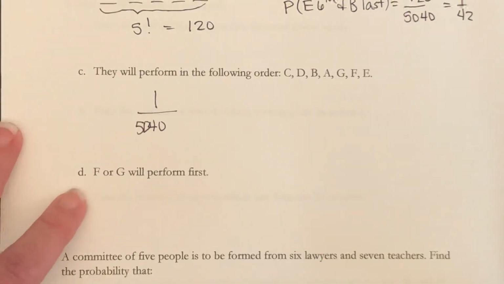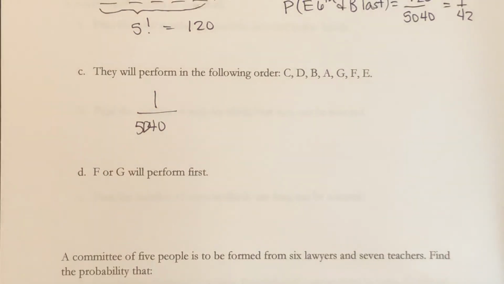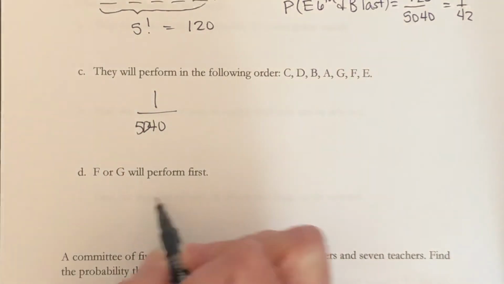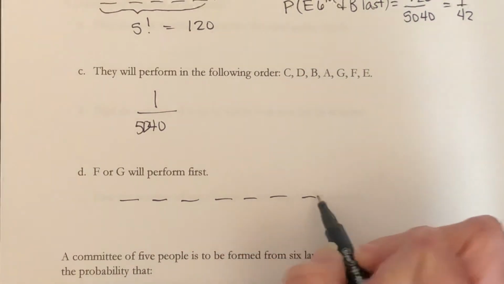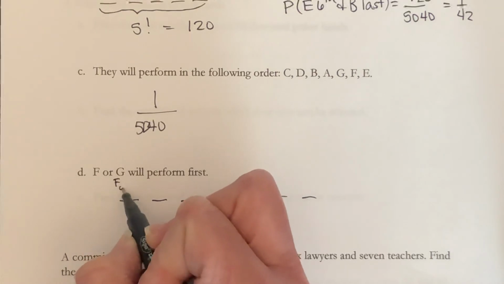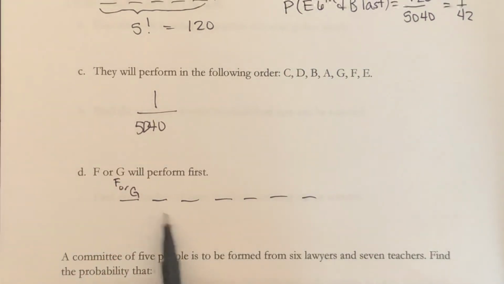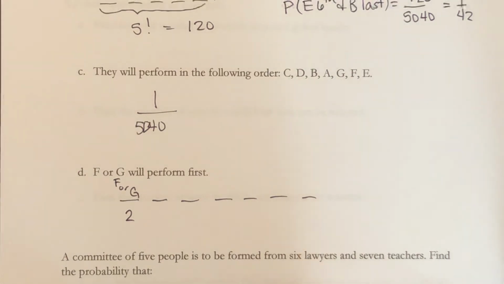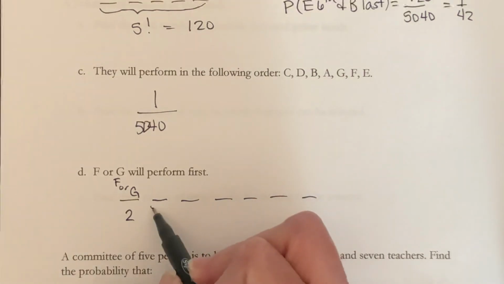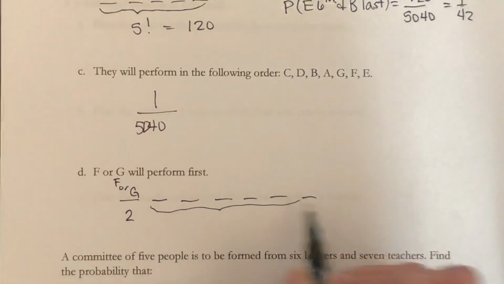Okay. What is the probability that F or G will perform first? Okay. So we have 7 spots. And I know this one is F or G, and then the rest of it doesn't matter. So for this spot, we have 2 choices. Now for the rest of these, it doesn't matter. If this is F, it doesn't matter where G is. It's just somewhere over here. There's nothing else given. Same thing if G is here, then F can be anywhere here. So really for here, I'm looking for how many different ways I can order these.